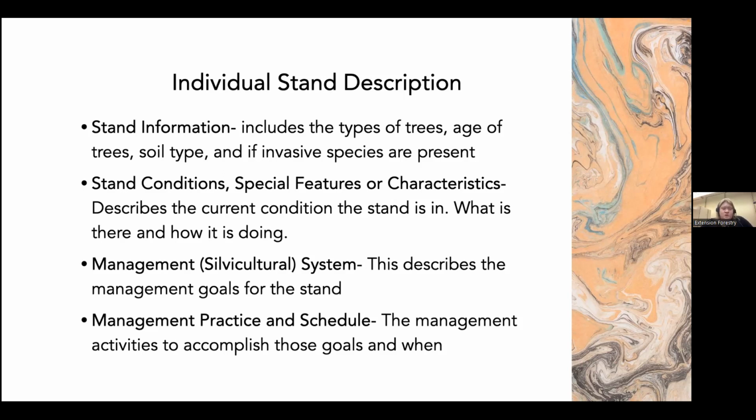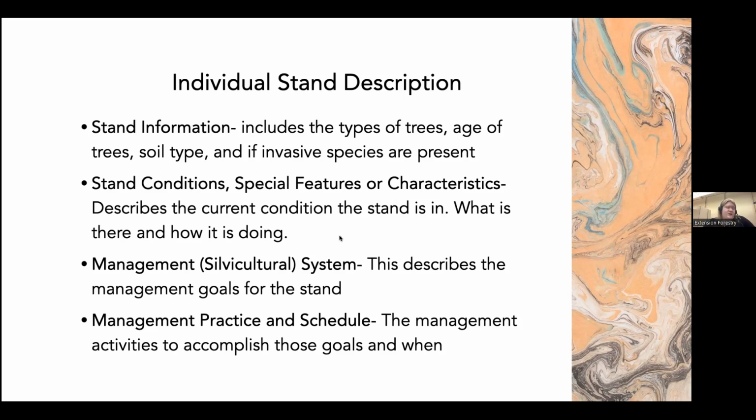Maybe the forester that writes this for you will say, okay, this would be really great habitat for songbirds. That might be highlighted here in this plan, or they found invasive species present. That would be highlighted there. So it gives you not only what is actually there, but how all the things that are there are doing right now.